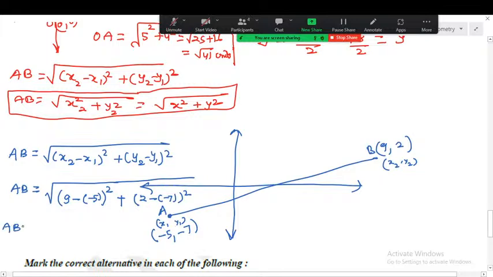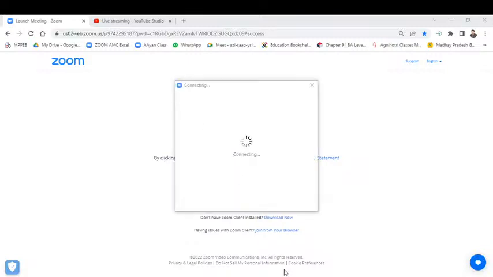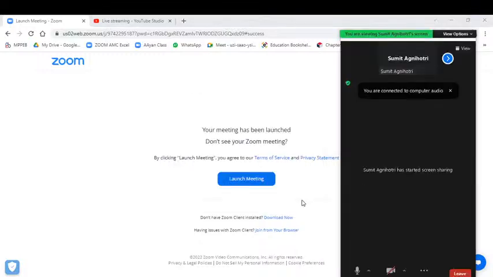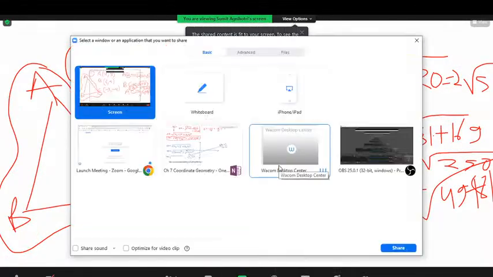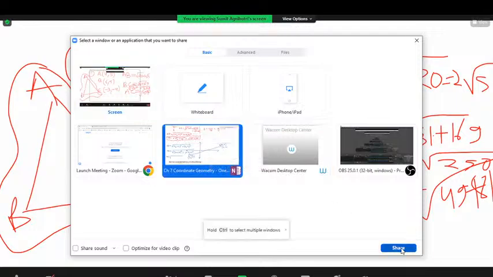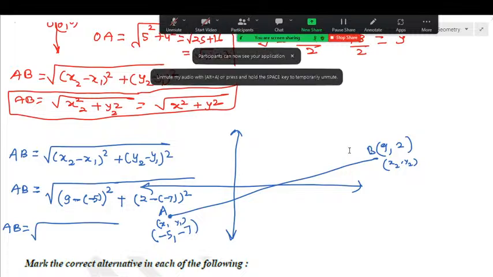Further, I want you to understand... okay, is it visible again?